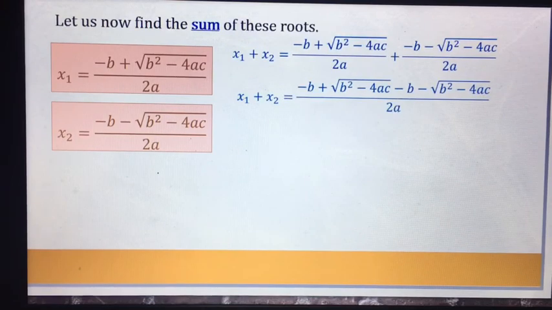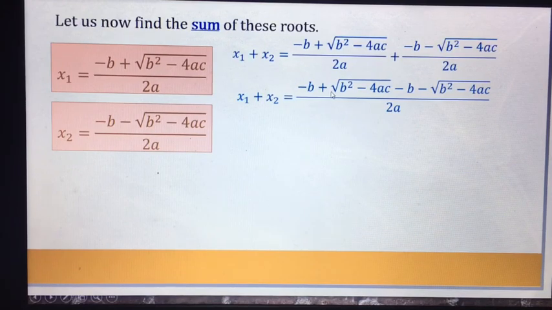When adding, we just combine like terms. Here, the negative b and this negative b are like terms. And the square root of b squared minus 4ac and this square root of b squared minus 4ac are also like terms. So let us combine them.